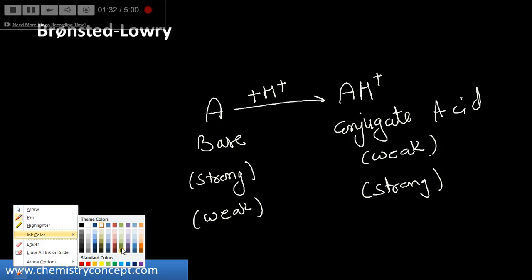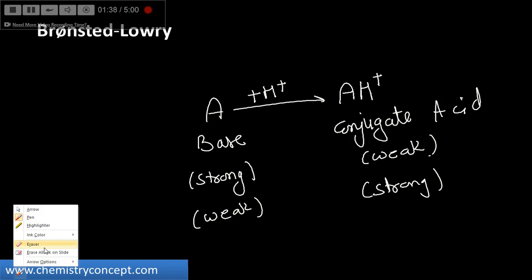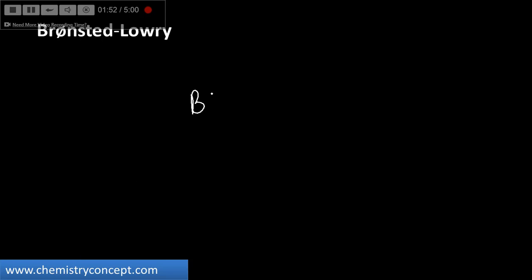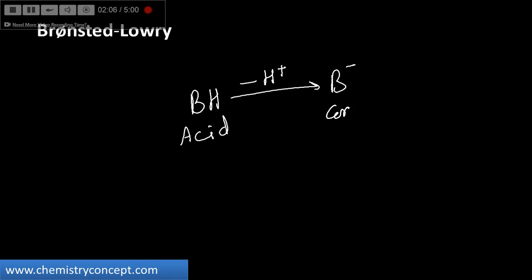Similarly, if a substance, let's say this time HA, can donate a proton, it behaves as an acid, and after donating the proton, it gets converted into its conjugate base.